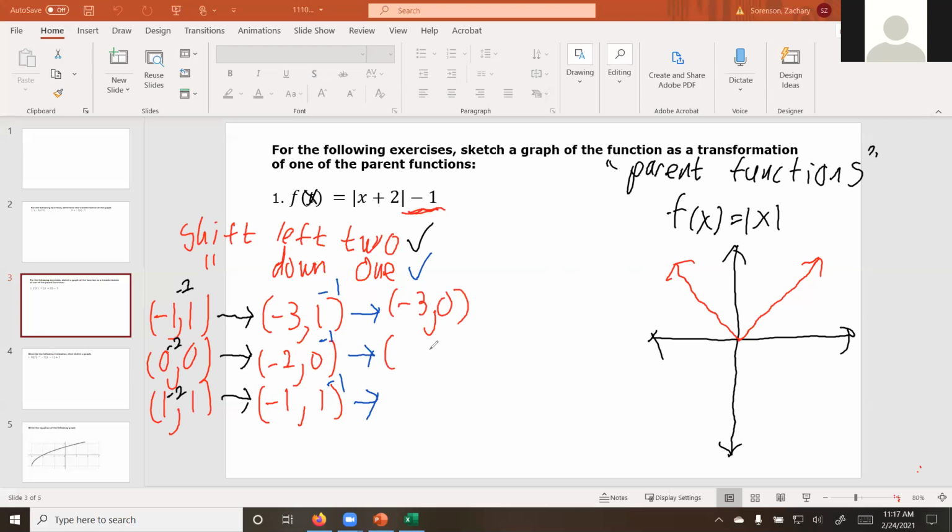Second point, -2, -1. Third point, -1, 0.